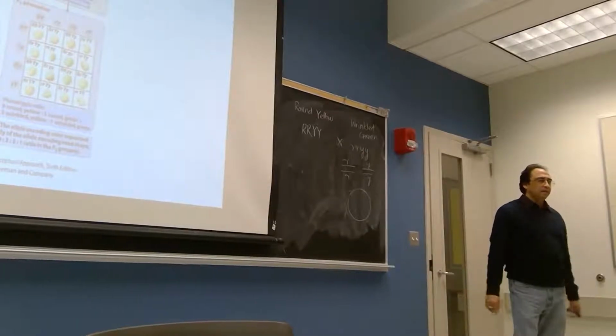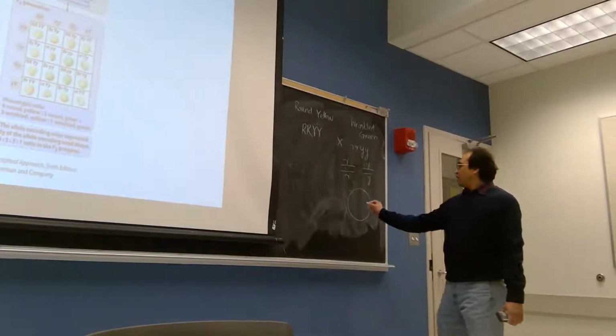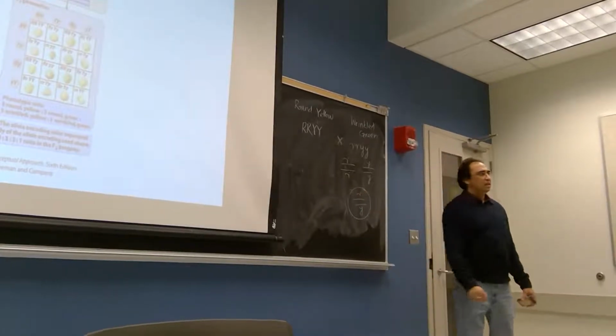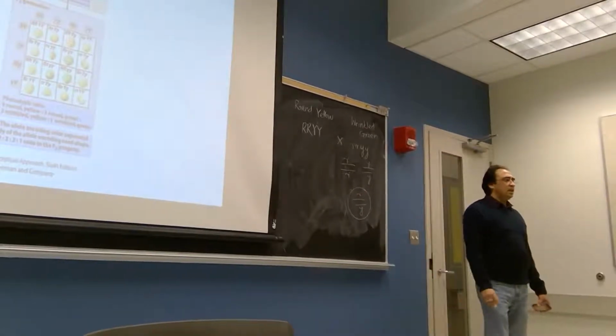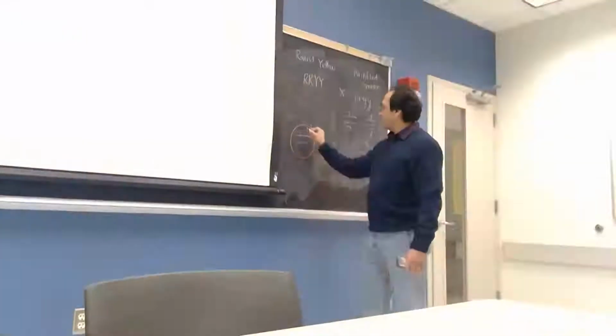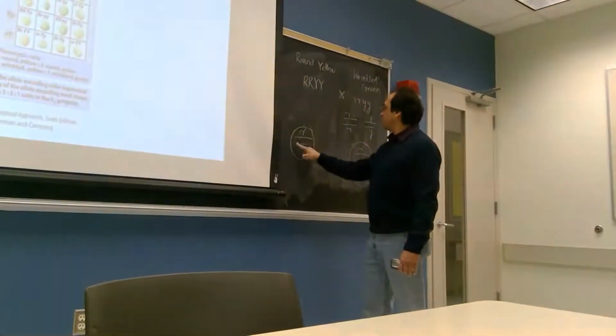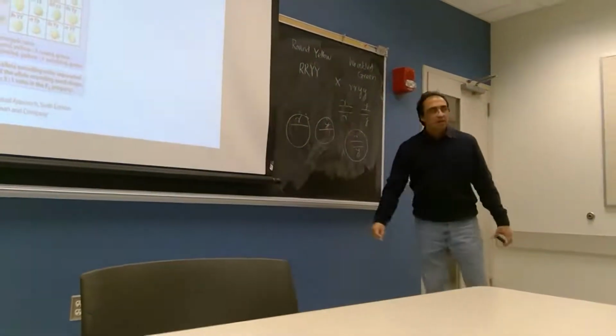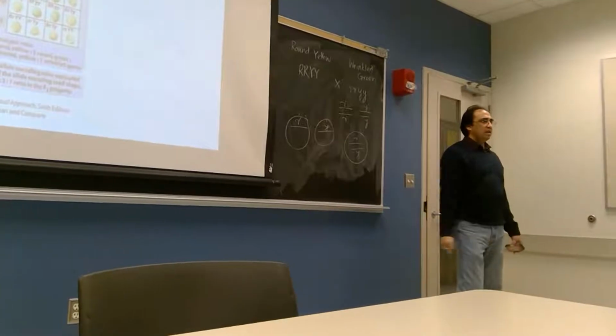R and a Y. One R, one Y. Okay, so he's saying one R, one Y. Is it right or no? If I will say like this, what about that?